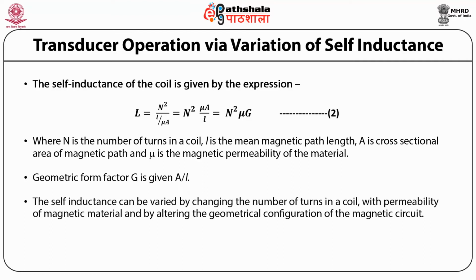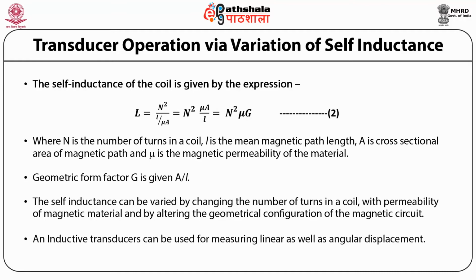The self-inductance can be varied by changing the number of turns in a coil, the permeability of magnetic material, and by altering the geometric configuration of the magnetic circuit.